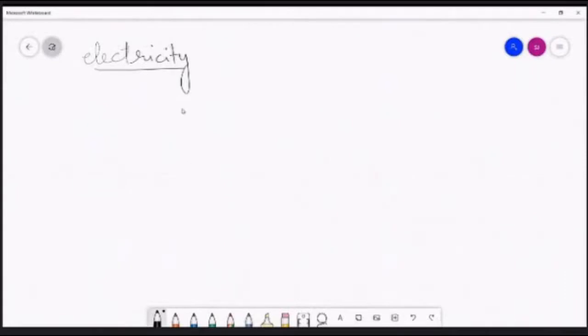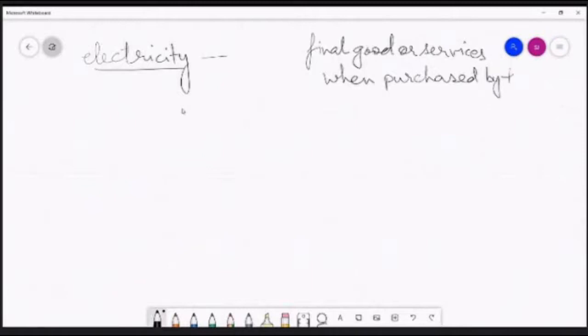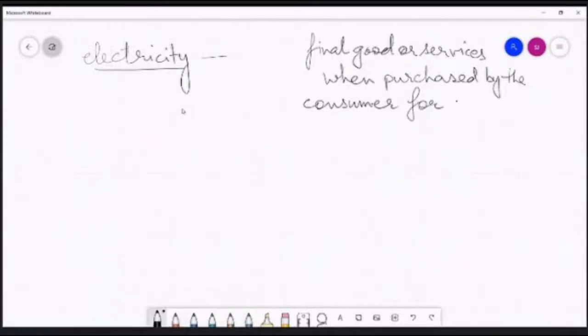Okay. So electricity can be considered as a final good and service on one side if it is directly purchased by the consumer. So it will be considered a final good or service when purchased by the consumer for consumption purpose.